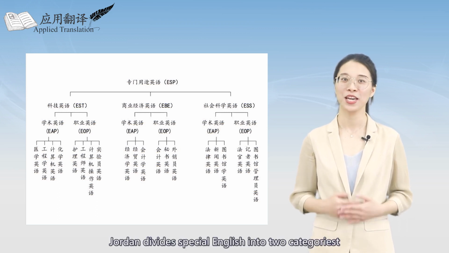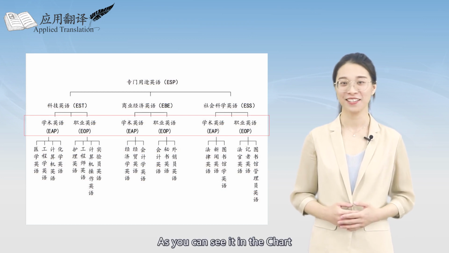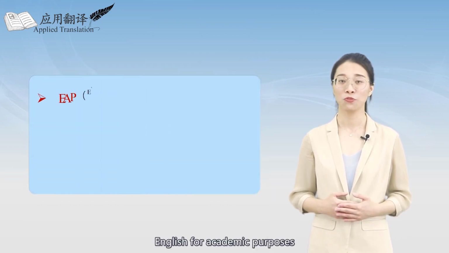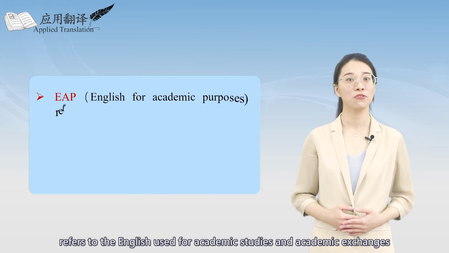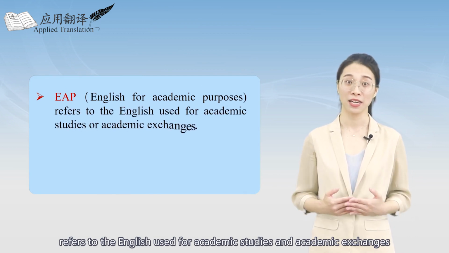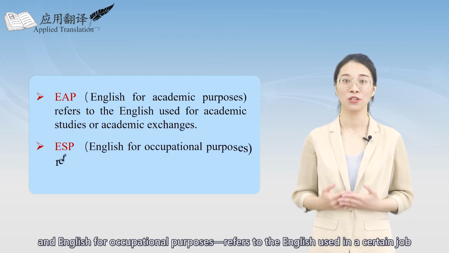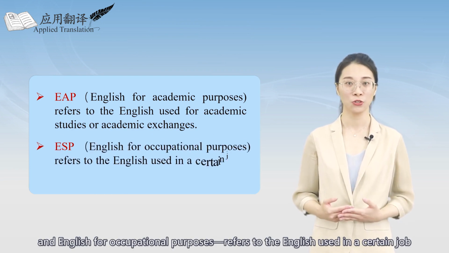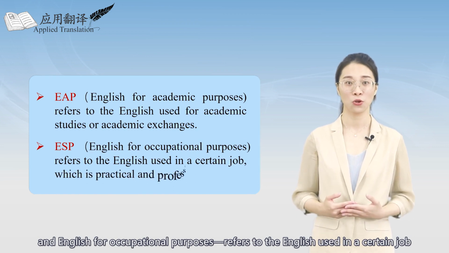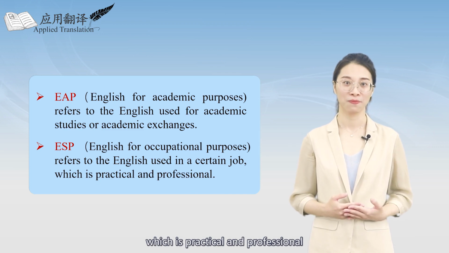Jordan divides special English into 2 categories, as you can see in the chart. English for academic purposes refers to the English used for academic studies and academic exchanges, and English for occupational purposes refers to the English used in a certain job, which is practical and professional.